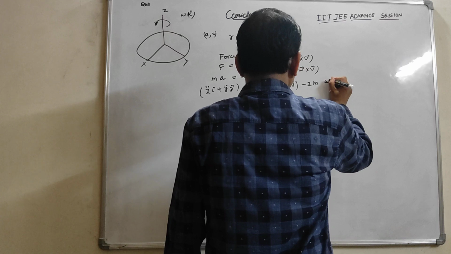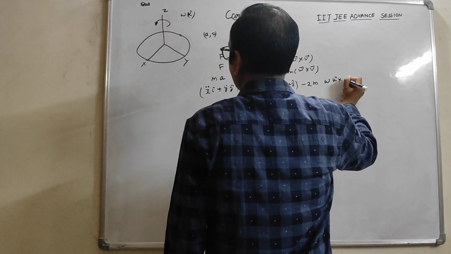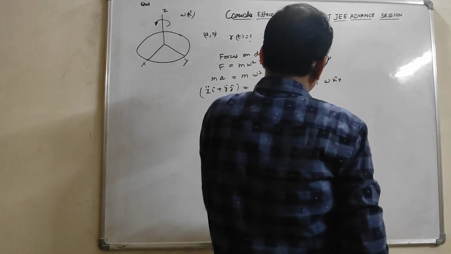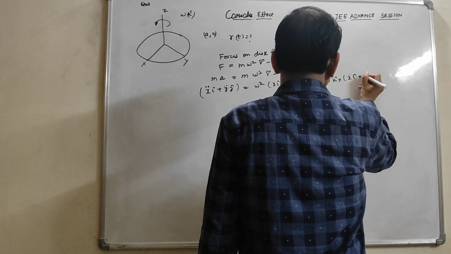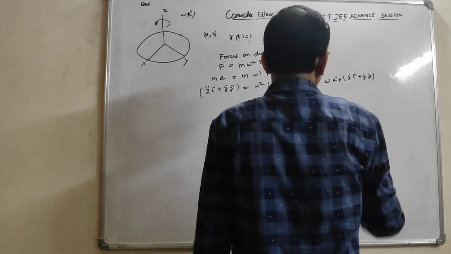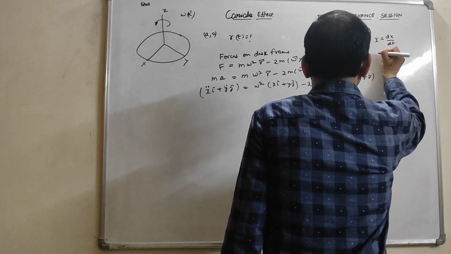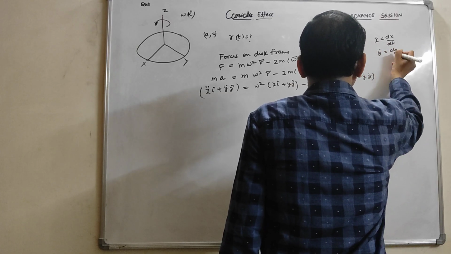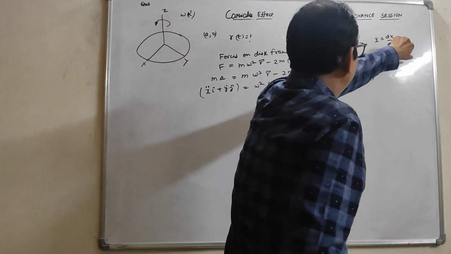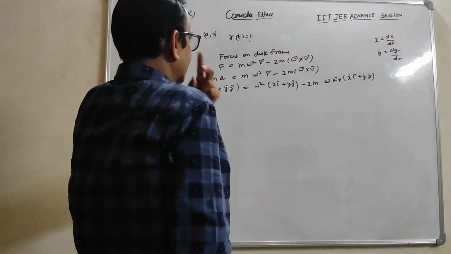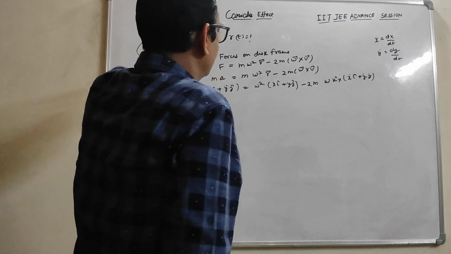Omega vector is omega k cap, and V is the velocity in both directions, that is x dot i cap plus y dot j cap. Here x dot is dx over dt, and y dot is dy over dt. So x i plus y j is the r vector.